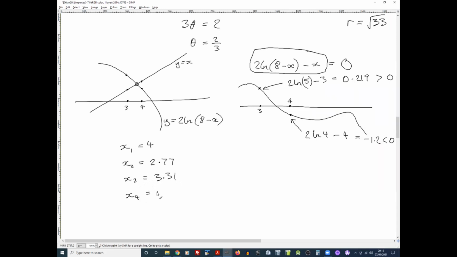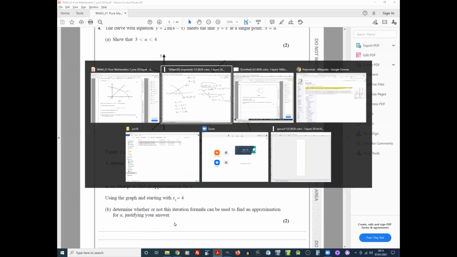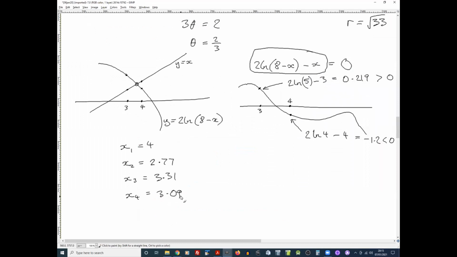x4 is 3.09. Now, I don't know what hints it gives as to determine whether or not it can be used to find an approximation, justifying your answer. You just want to indicate that you're convinced that these values are converging towards a value of some sort. I think they are actually, because the next one is 3.18.